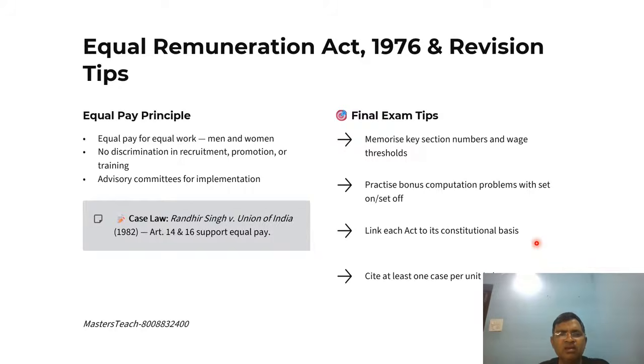The case law here is Randhir Singh versus Union of India, 1982. Articles 14 and 16 support equal pay. For the final revision, memorize the key section numbers and wage thresholds. Practice bonus computation, which we already discussed. Link each act with its constitutional basis.